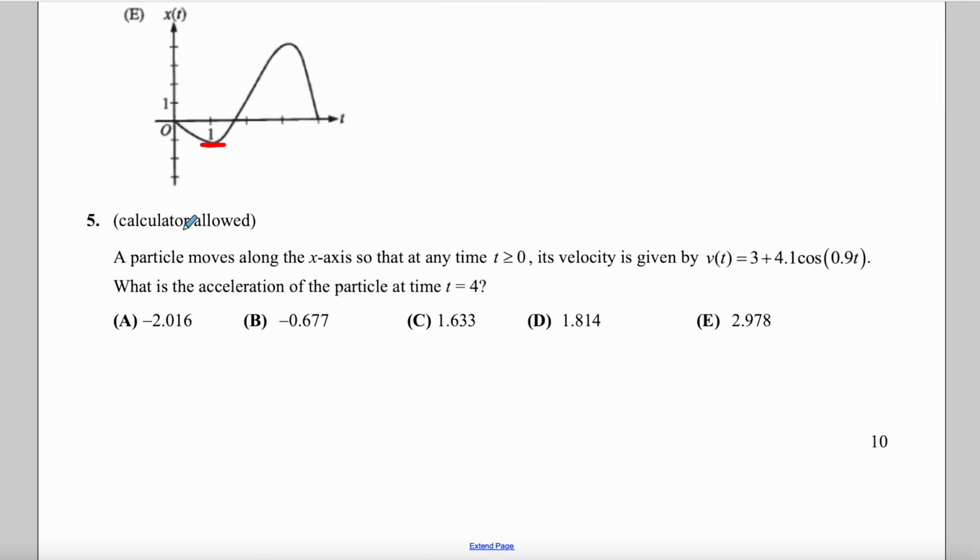Number 5, we get a calculator. What we're going to do is analyze the acceleration of this velocity function at t equals 4. That's a Math 8 question, so I think when you hit Math 8, what comes up is d/dx.